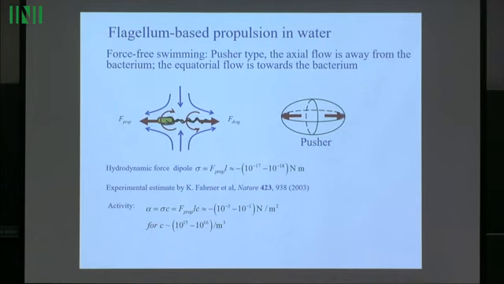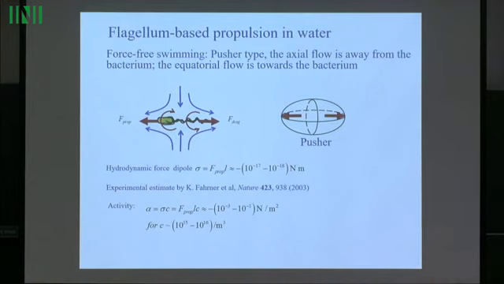So it's a so-called pusher. So the entire bacterium can be reduced to, again, an ellipsoid with two forces of equal amplitude and opposite direction. People measured the value of this force multiplied by the length of the bacterium. It's a rather small quantity that we might see later again.